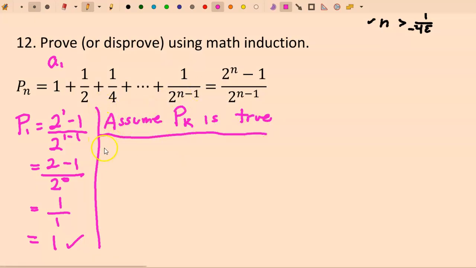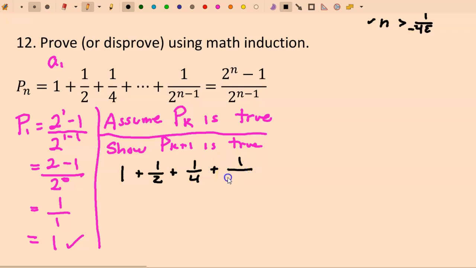And on step 3, we're going to show that the next number, whatever number you pick, the next number after that is also true as well. And here's how we do that. So I have my series here, and I'll do k.